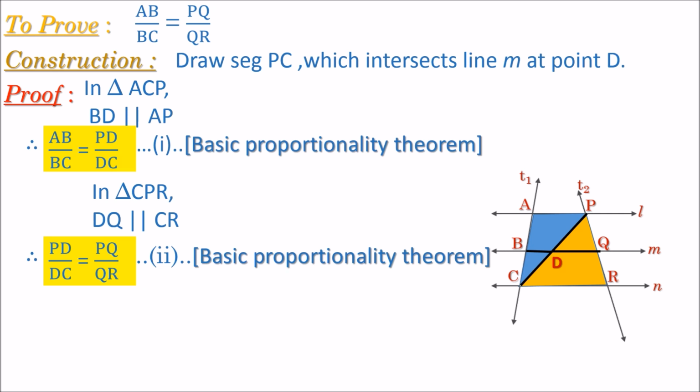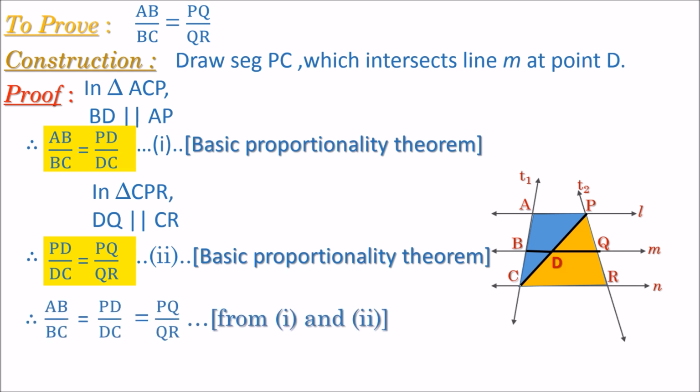Now look at equation 1 and equation 2. Can you see equation 1 and equation 2? You can see that both the equations have one common ratio, that is PD upon DC. Therefore, you can say that all three ratios are equal, that is AB upon BC equals PD upon DC equals PQ upon QR. This step we got by comparing equations 1 and 2.